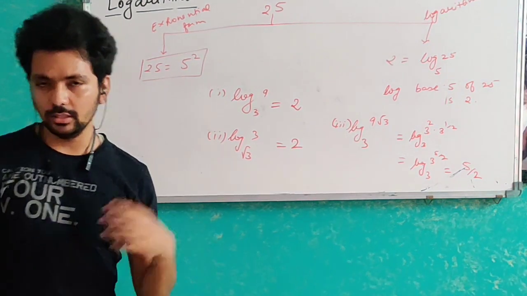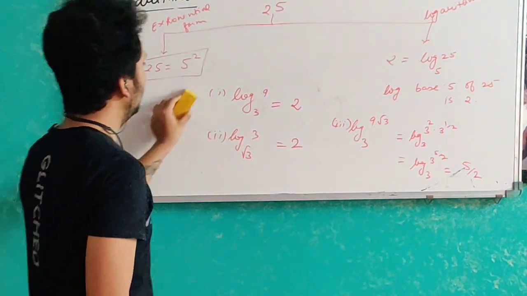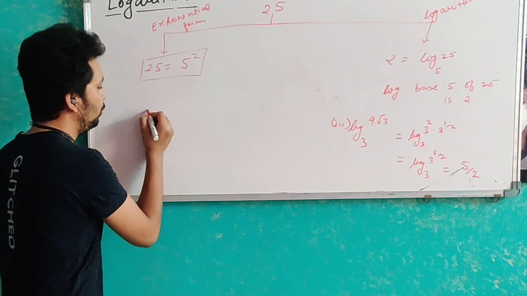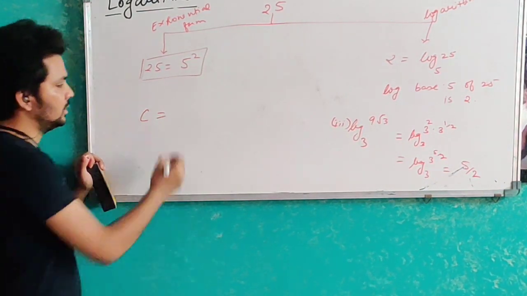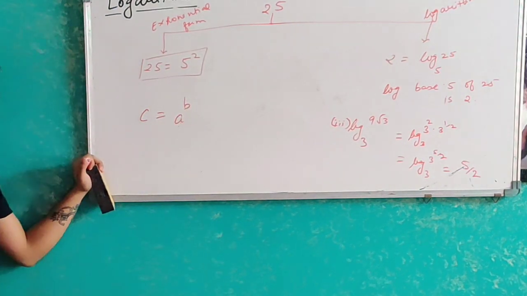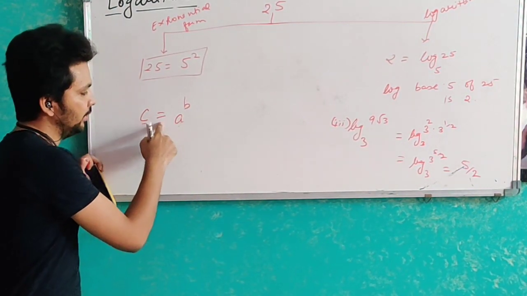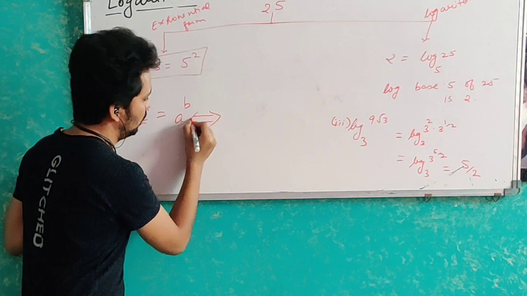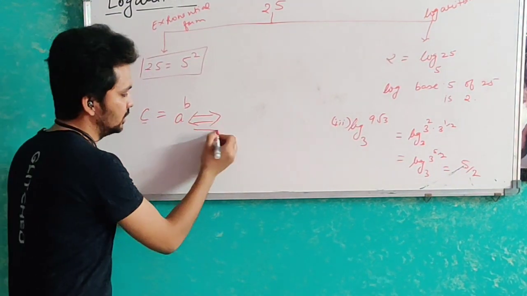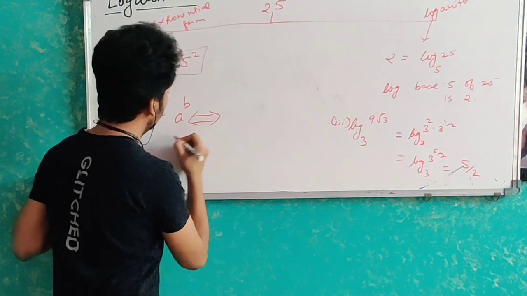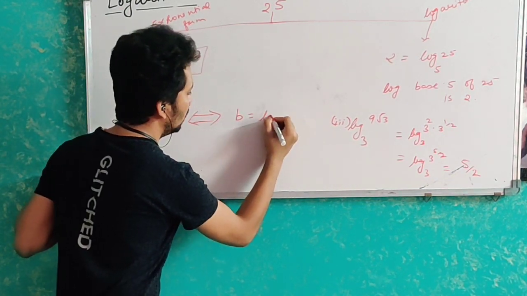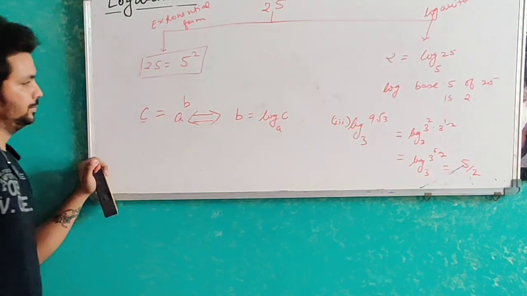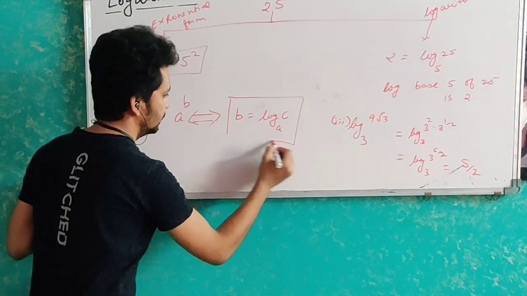Now I will generalize these things. See how. If I have any number C which equals a raised to b, this implies, and I'll explain later what this sign means, I can write b is equal to log base a of C. This can be written like this also.